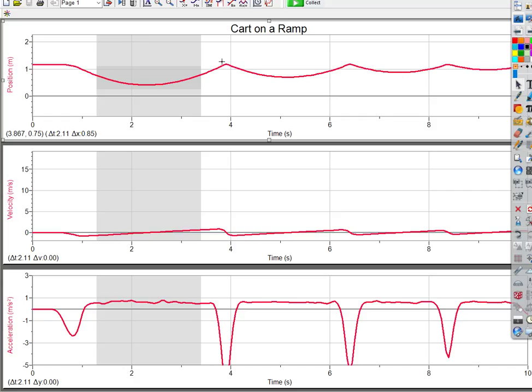Call that Lab 1 Analysis 2 data. You got it.